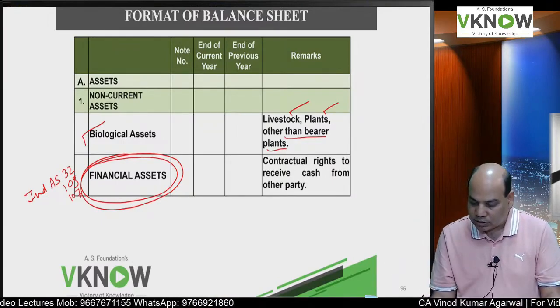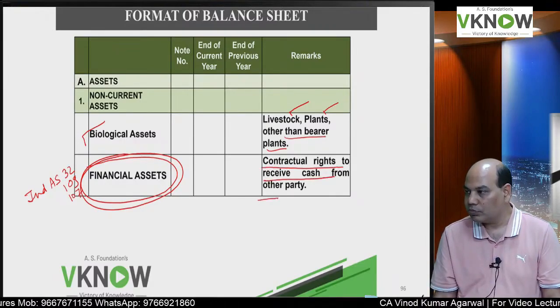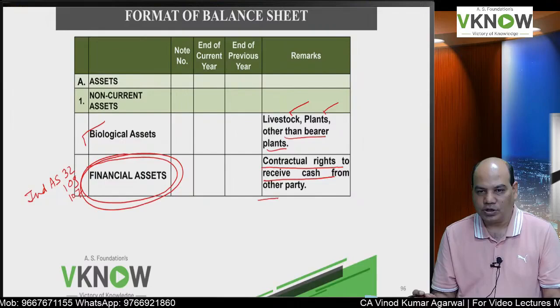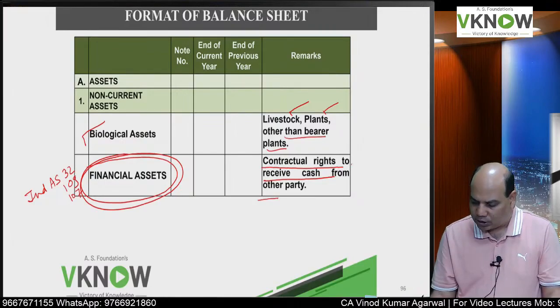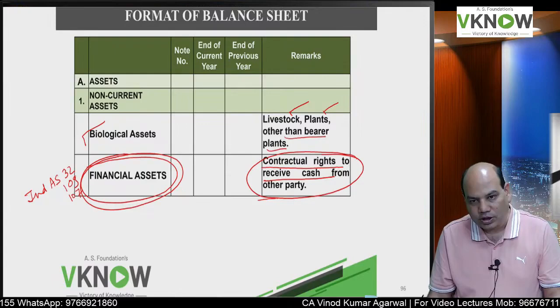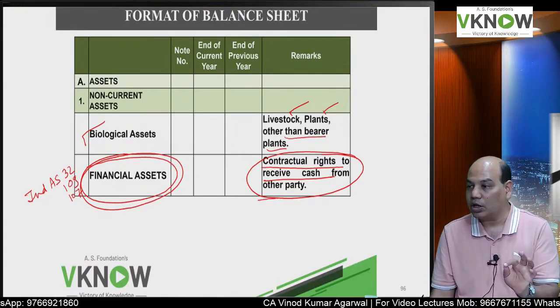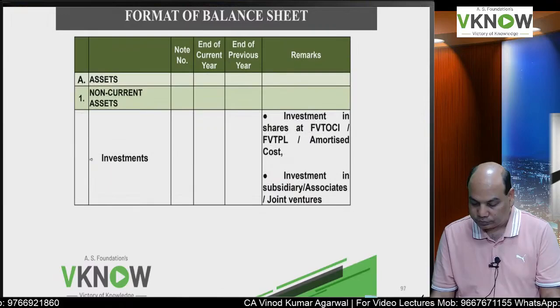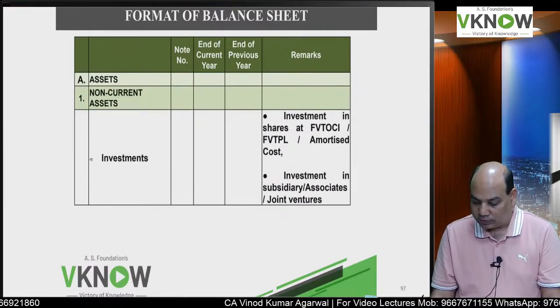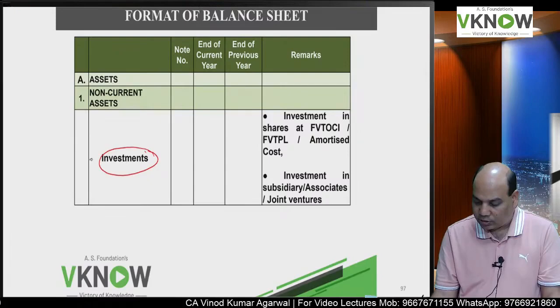Now, how do you differentiate financial assets from other asset? In financial asset, there is a contractual right to receive cash or other financial asset from other party. But I am not going into detailed discussion of this. We will discuss in Ind AS 32, 107, 109, contractual right to receive cash. Then investment. Under financial asset, we will show investment.